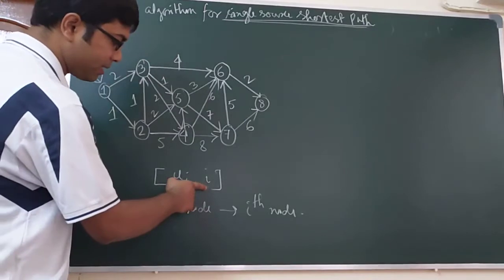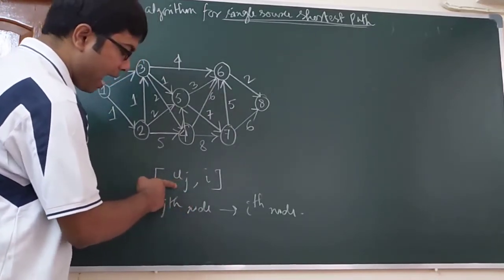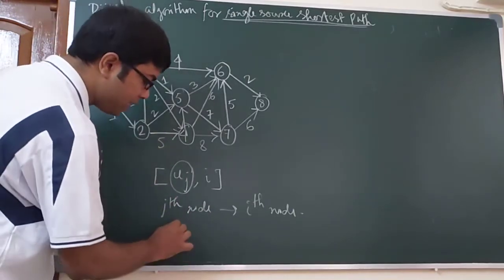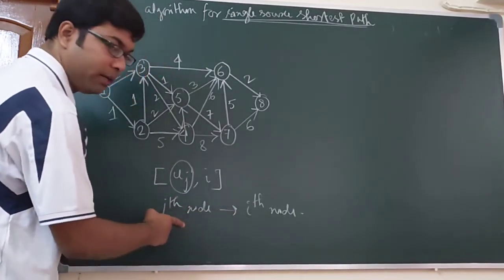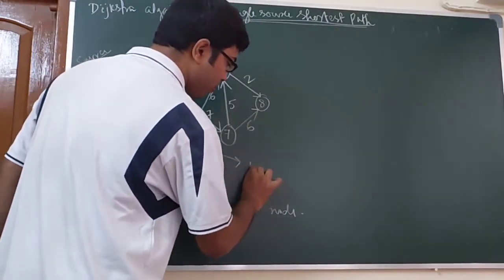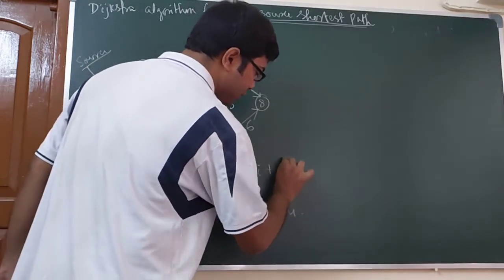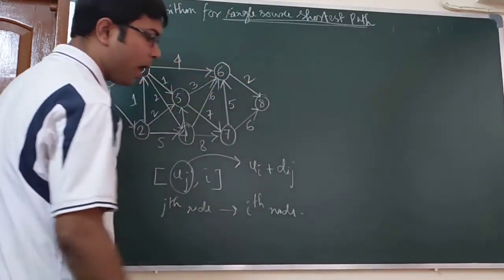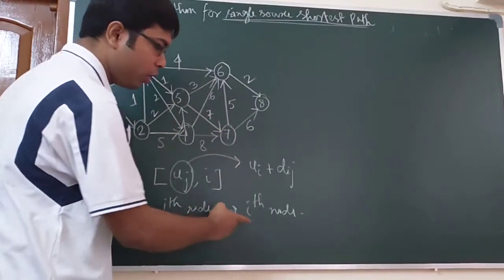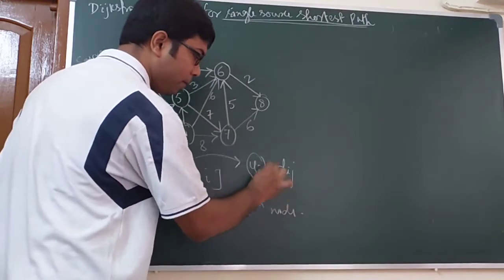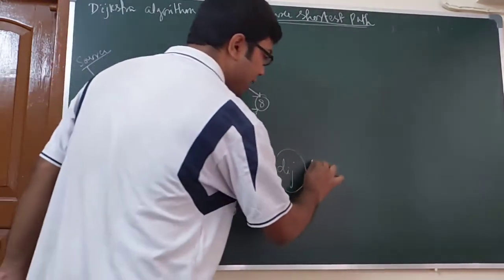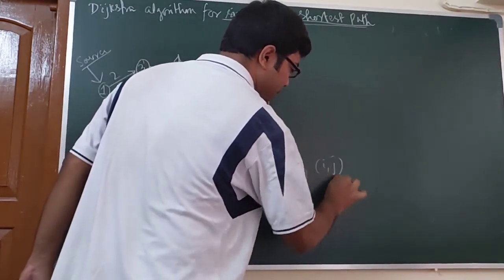The second parameter is i, and uj is the distance from i to j, so uj can be written as ui plus d of ij, where ui is the distance from our source node to the ith node, plus dij, the weight of the edge ij.